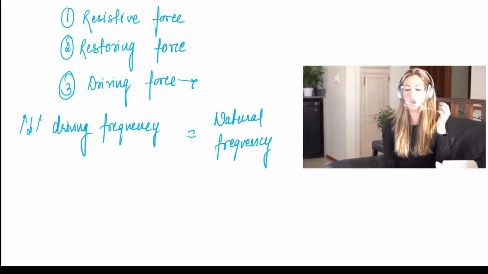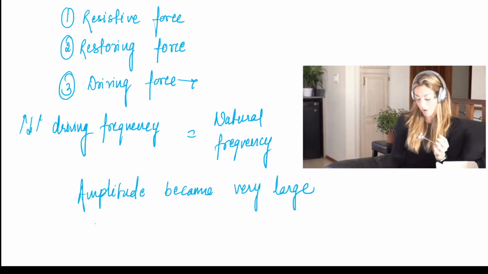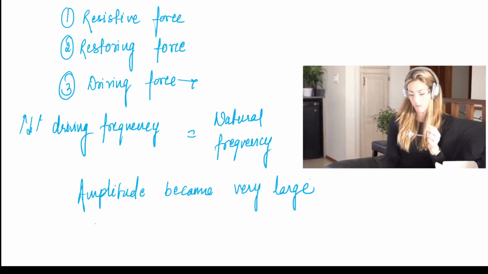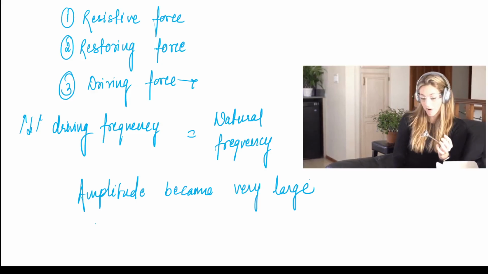And what is the cause of resonance? Resonance amplitude becomes very large. Obviously, the amplitude has become very large in the case of that bridge, or in the case of the particles of the glass, that you can see. You can see these amplitudes. So what is the cause? The cause is the driving frequency becoming equal to the natural frequency.